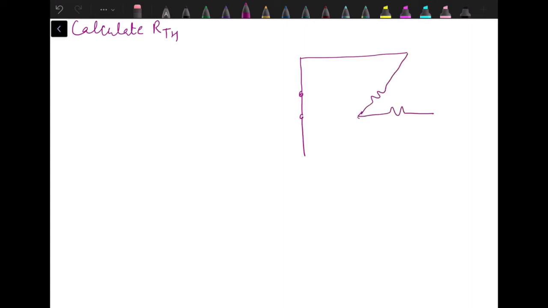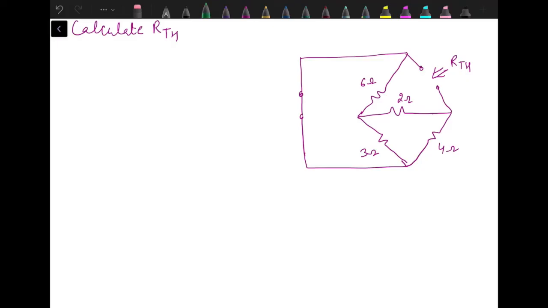And then we have different resistances, and between these two terminals we need to calculate RTH. Now how these resistances are connected, it's difficult to understand from here. If we have a circuit like this, then it's better to draw the circuit again.